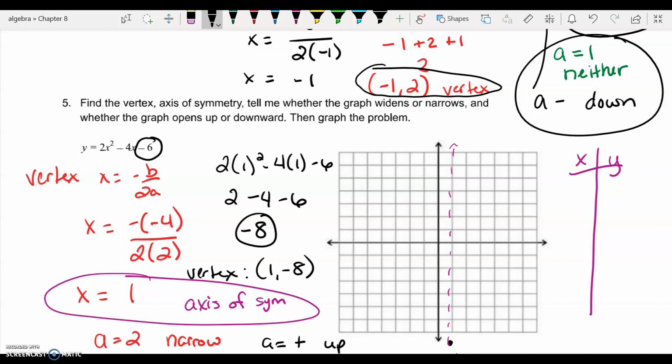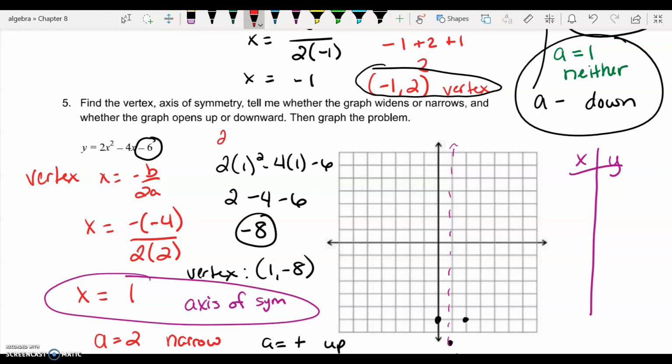So 0, 1, 2, 3, 4, 5, 6. I can plot that point. Now I can go on the other side of the axis of symmetry and plot it again with the same y value. And the last step, you could factor or you can plug in a number. So the only numbers that we haven't plugged in yet are 3 and -1.